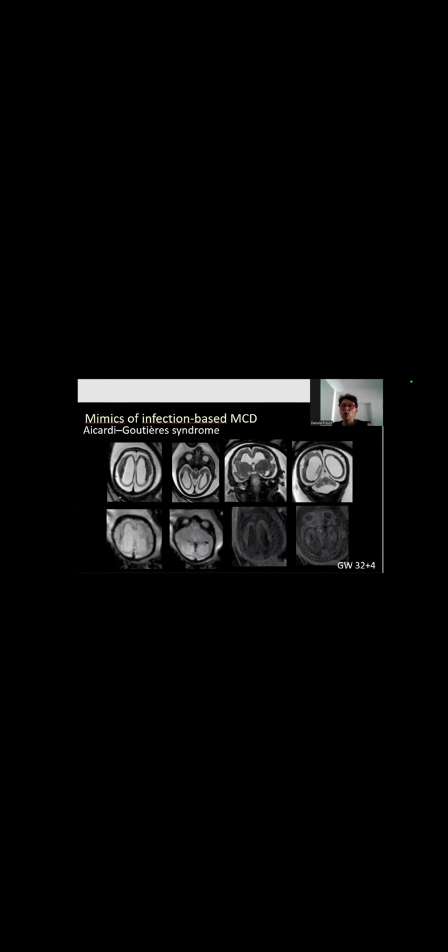Of course, there is also a widening of the ventricles and cerebellar impairment and calcification. Why you should think of Aicardi-Goutières or other so-called interferonopathies is that there is a therapy available, because anti-interferon antibodies may stop this development. And that's why it is worth thinking about that.